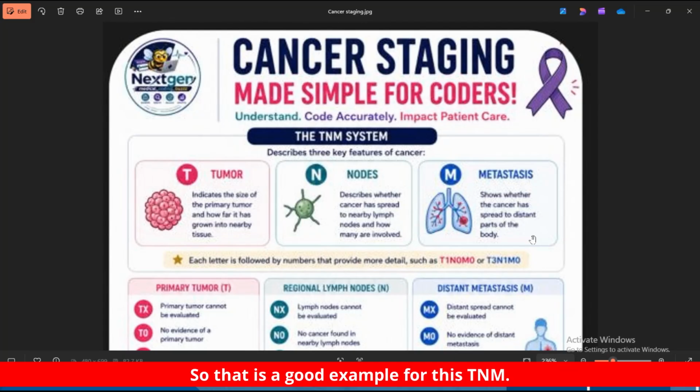That is a good example for TNM. Also, whenever we see live coding, we will see a numbering system like T1, N0, M0 or T3, N1, M0. So what does that mean? We will learn soon.